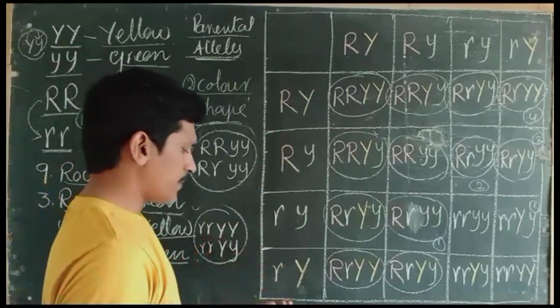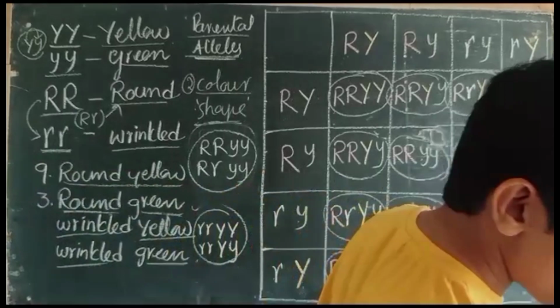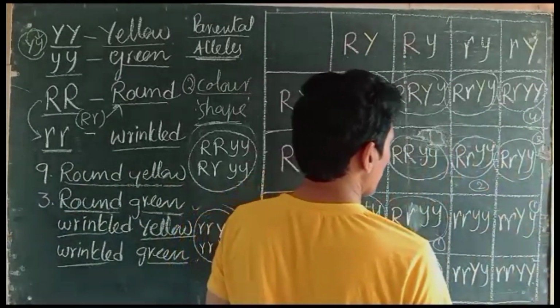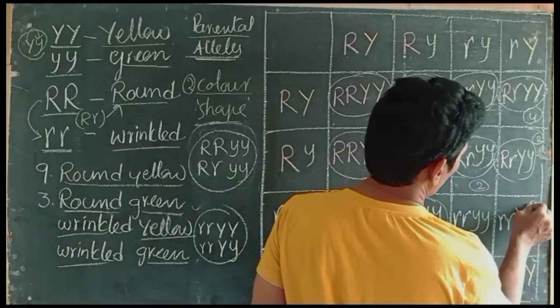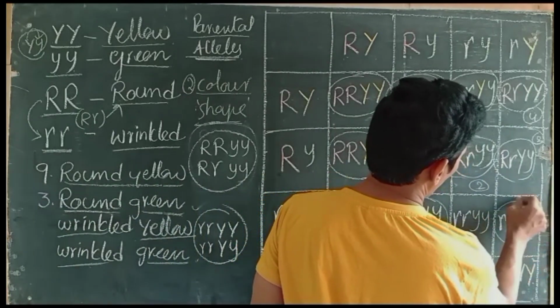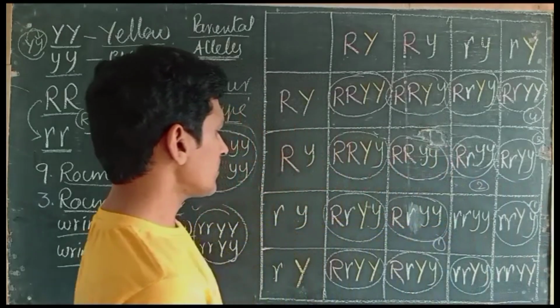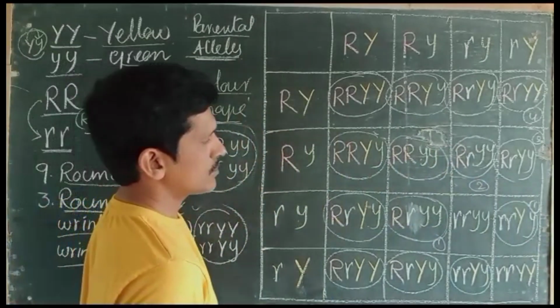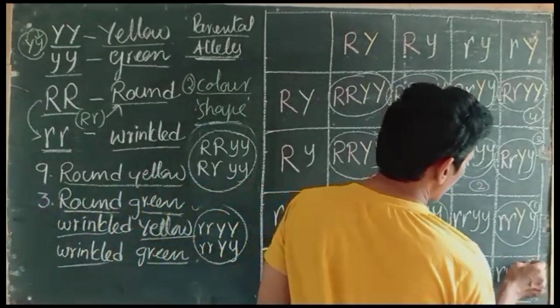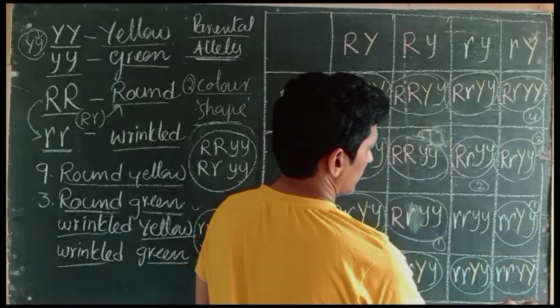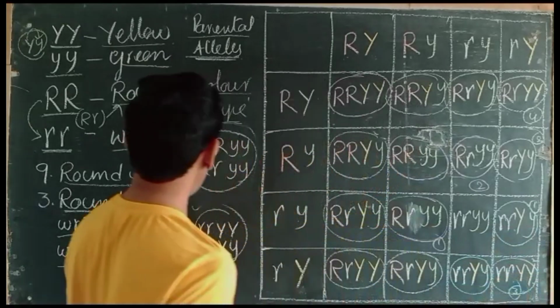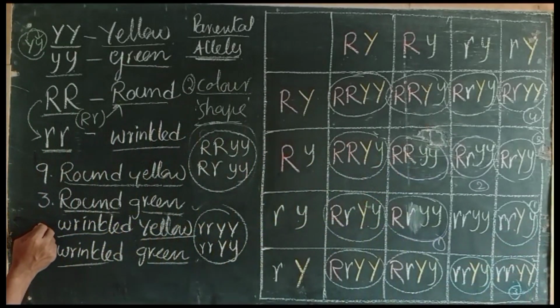Small r, capital Y, small y. Small r, capital Y, capital Y. Here also be, right? 1, 2, 3 are there. Right? 3 factors.